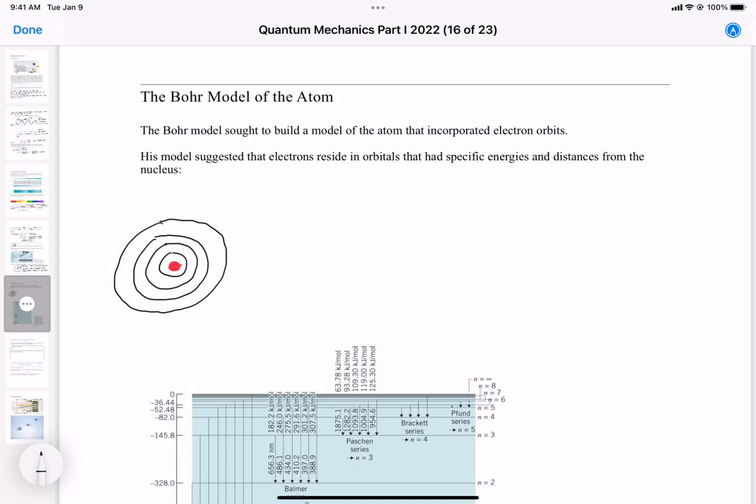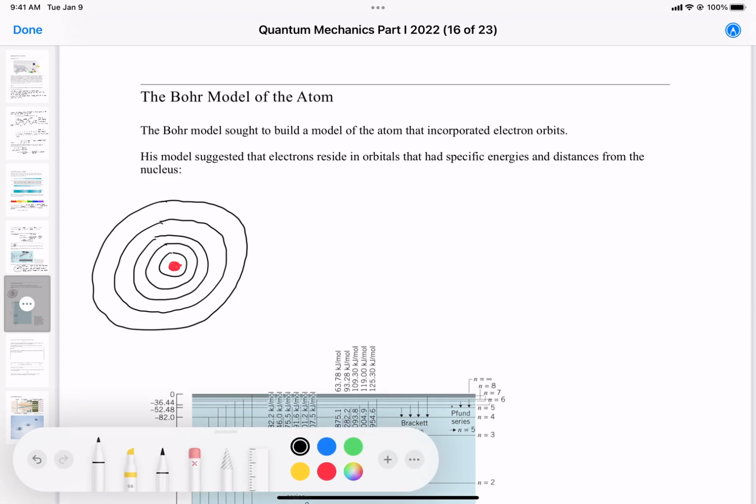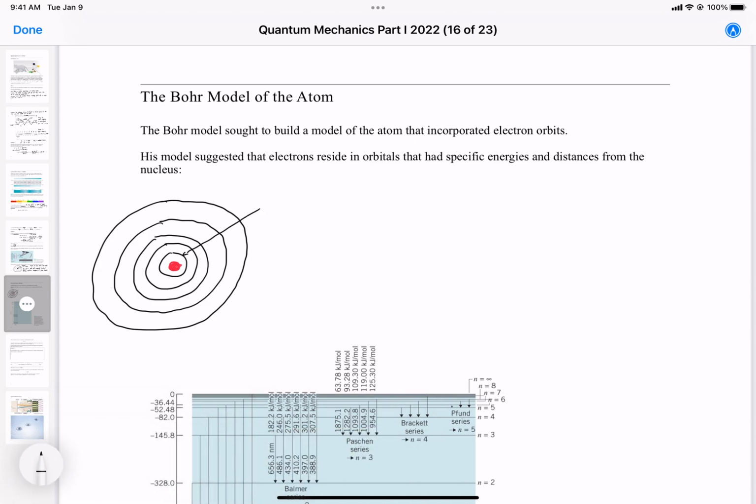Then eventually you get to a point where the electron levels are going to get increasingly further away from the nucleus. So in this case, let's point at the first line here. That's the n equals 1 level.